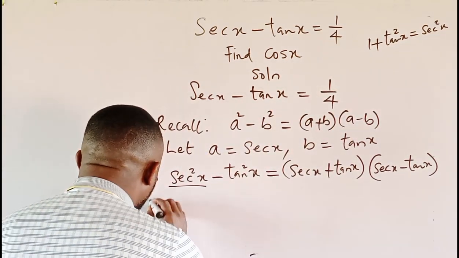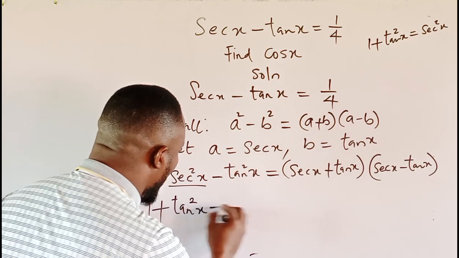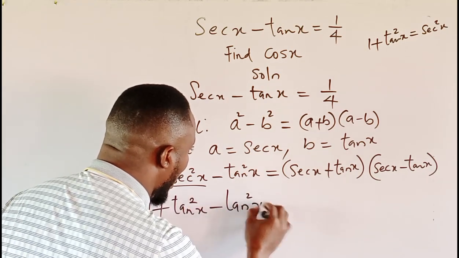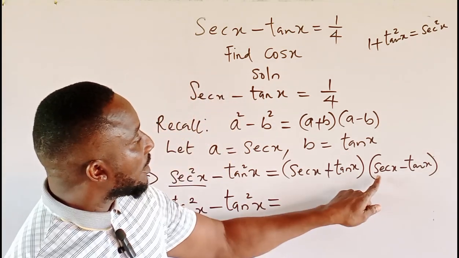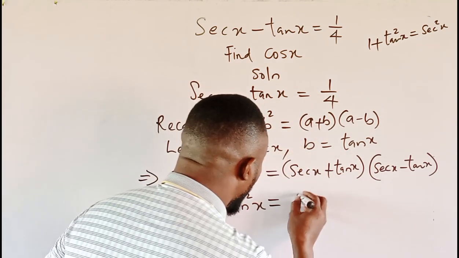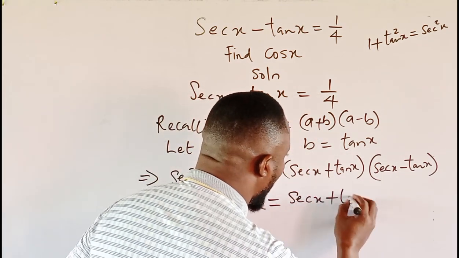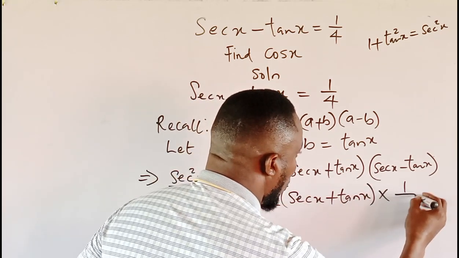Then we are going to have 1 plus tan squared x minus tan squared x equal to. Now, guys, secant x minus tangent x, that's 1 upon 4. I will then say secant x plus tan x, then multiply by 1 upon 4.